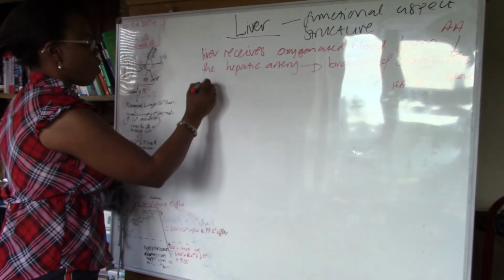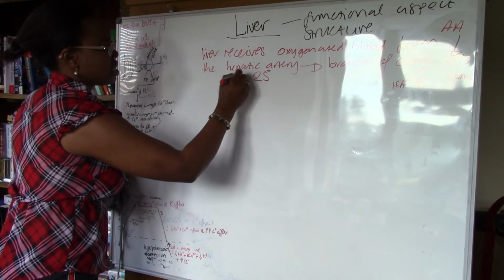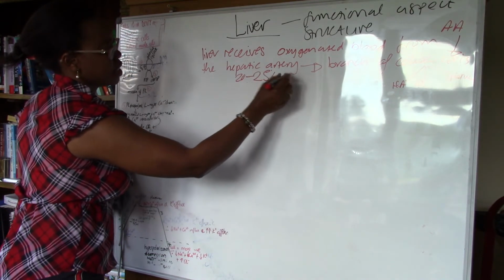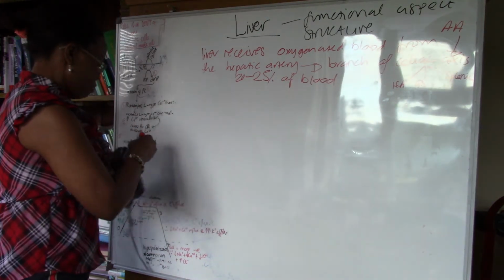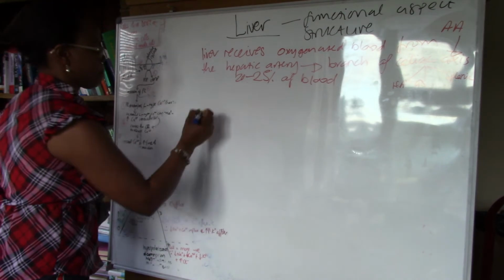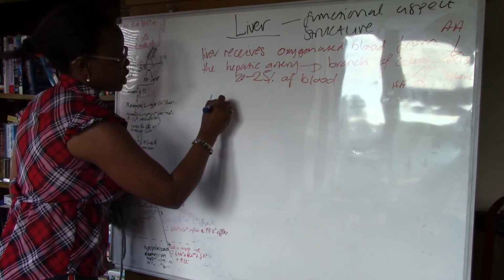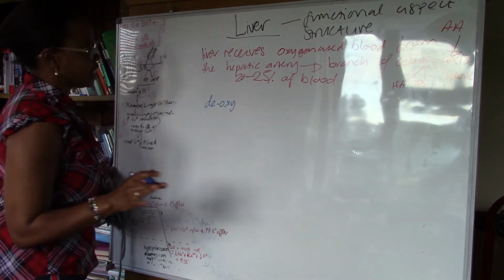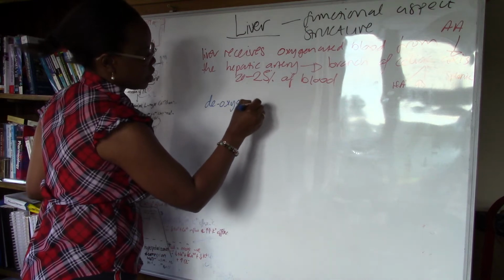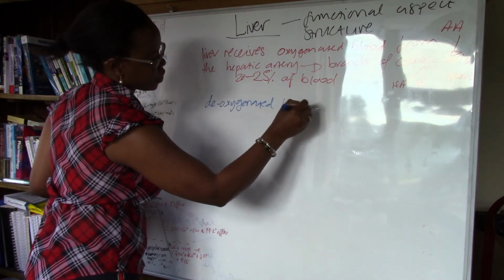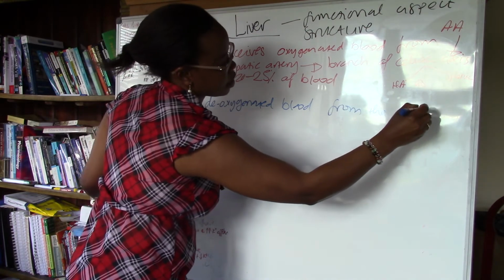This is about 20 to 25% of the blood received by the liver. The liver also receives deoxygenated blood. Some people say less oxygenated blood, but it's easier to just say deoxygenated blood, from the portal vein.